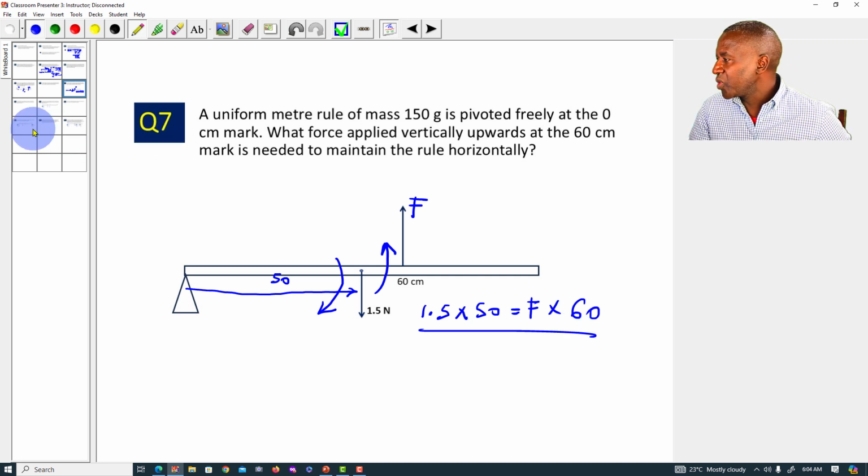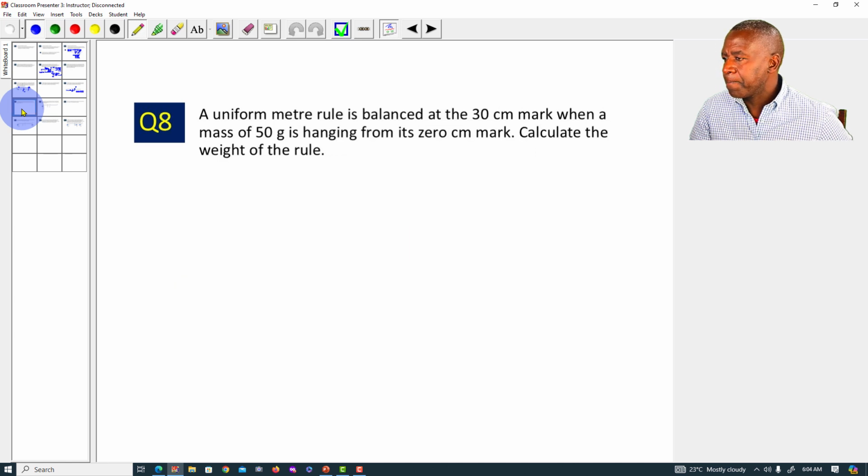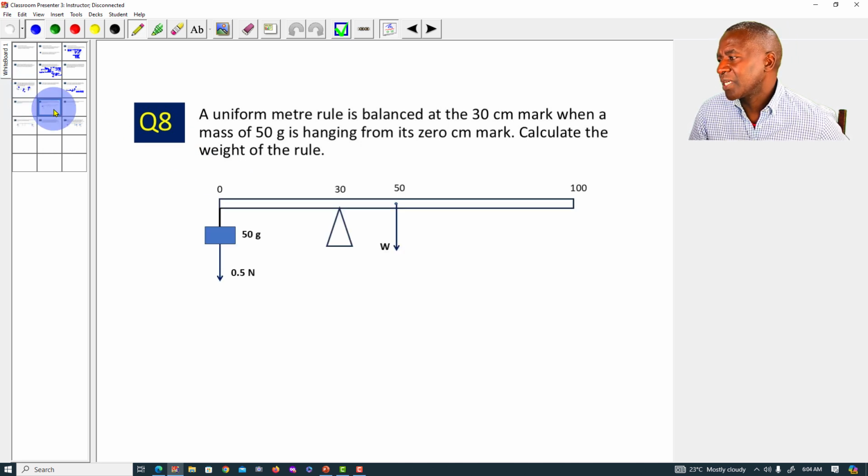Let's go to the next question. A uniform meter rule is balanced at the 30 centimeter mark when a mass of 50 grams is hanging from its 0 centimeter mark. Calculate the weight of the rule. Again, we draw the diagram and we put all the information there. That 50 gram mass hanging at the 0 centimeter mark will have 0.5 newtons.